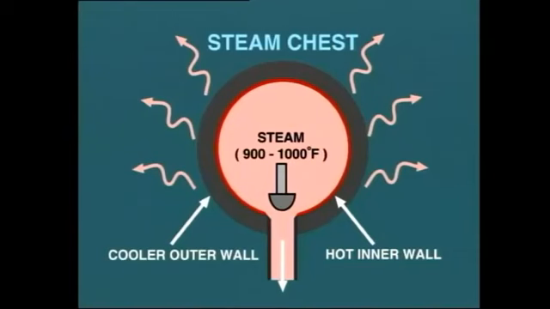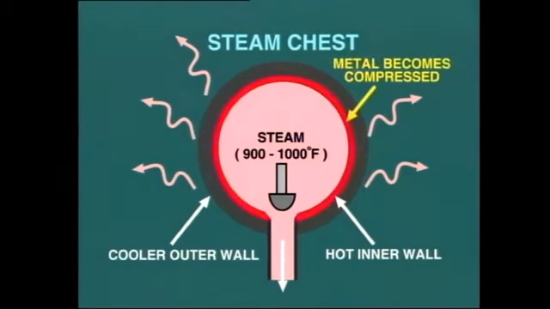So what problem could this cause? Well, the result is that the inner surface tries to expand at a greater rate than the outer surface. This could, after many cycles, lead to cracking on the outer surface. But it does not always work that way. For example, as the inner surface tries to expand, but is restricted by the outer surface, the metal becomes compressed and may well exceed its yield point and become permanently deformed.